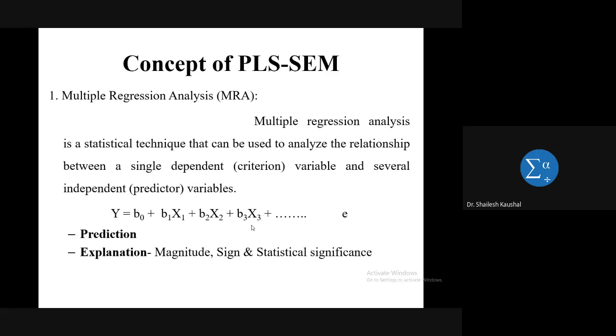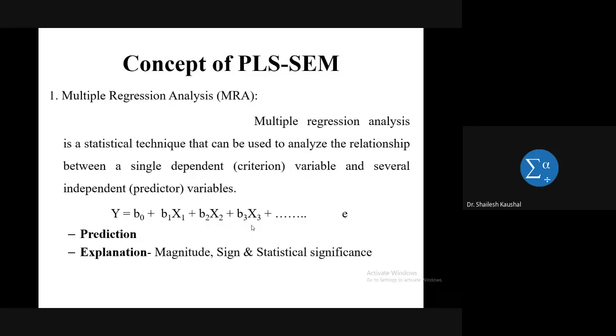and we know that the purpose of multiple regression analysis is prediction and explanation. Multiple regression analysis is a statistical technique that can be used to analyze the relationship between a single dependent variable and several independent variables.